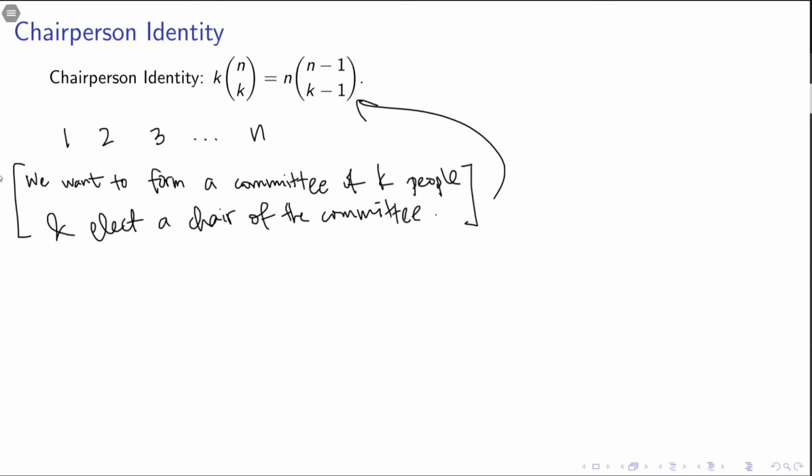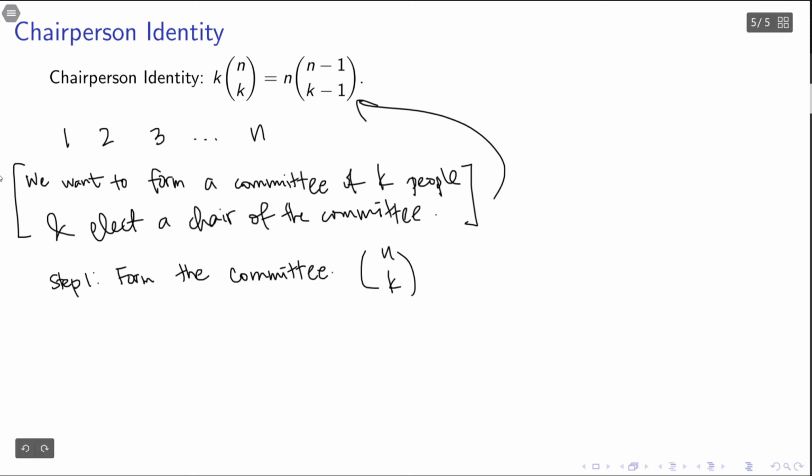So let's look at this in one way first. Let's use the product rule. You can think of this as a two-step operation where in step 1, first you just form the committee. So how many ways are there? Well, you have n people, and you're picking k from them where the order doesn't matter.